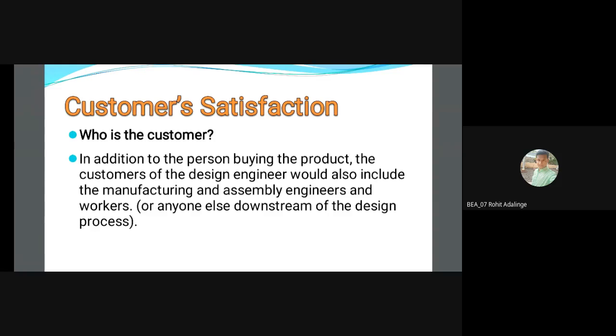Whoever requires something is nothing but a customer. In addition to the person buying the product, the customers of the design engineer would also include the manufacturing and assembly engineers and workers, or anyone else downstream of the design process. So anyone is a customer.